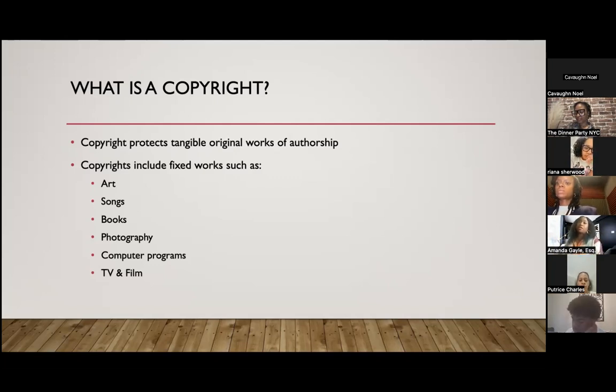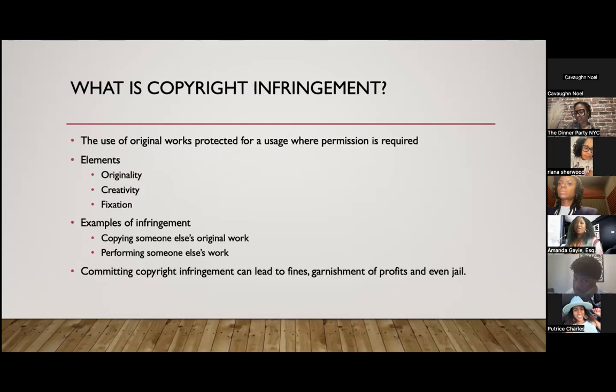And if anything happens with anything that you've created, what comes next? Copyright infringement. So copyright infringement is when someone takes what you've created and they try to use it as their own, right? Either for monetary gain or to perform it or to use it essentially without your permission. Some of the elements to copyrights are originality, creativity, and fixation.